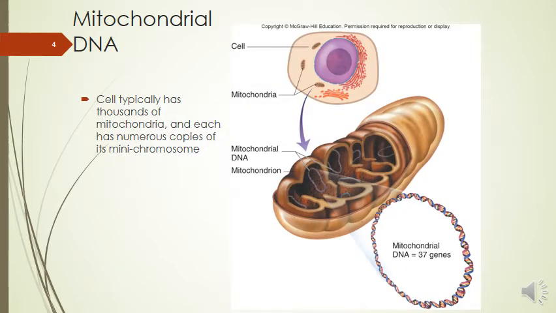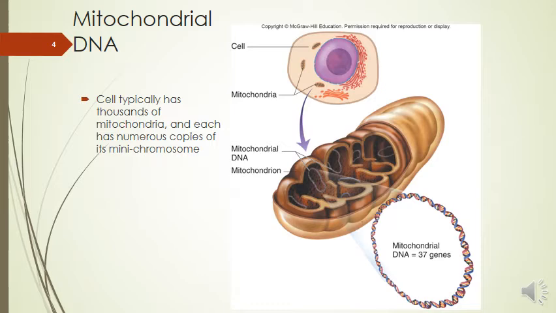Just to refresh everybody's memory, here we can see the mitochondria, which are out in the cytoplasm. Remember your cellular biology: the more mitochondria that you have in a specific area, the more activity is taking place. As I mentioned, they do replicate independently.